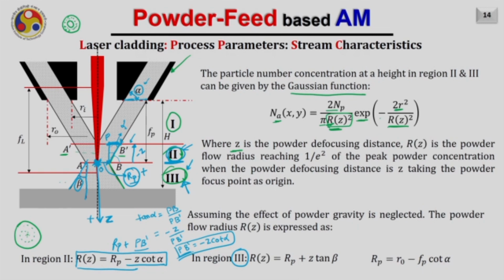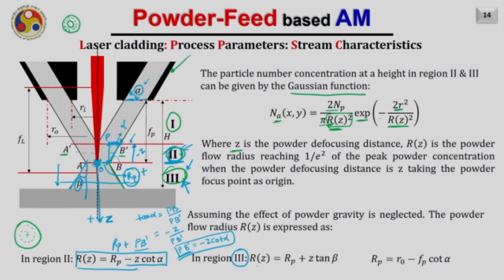Now, if I consider any cross section in this zone 3, I will be able to calculate the value of this R, as anywhere if I go down, the value of this R is getting increased. So, let us try to find out.